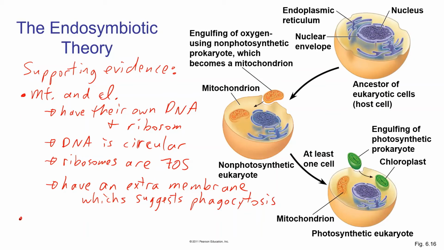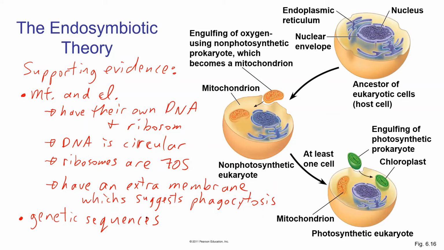The last thing I'm going to put, just an extra bullet point, is if you look at genetic sequences. This is an area that I'm not as familiar with. But if you look at the genetic sequences of genes found in mitochondria and chloroplasts, there's a lot of similarities to similar genes found in bacteria and cyanobacteria.